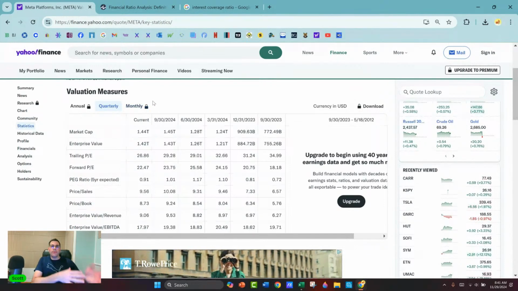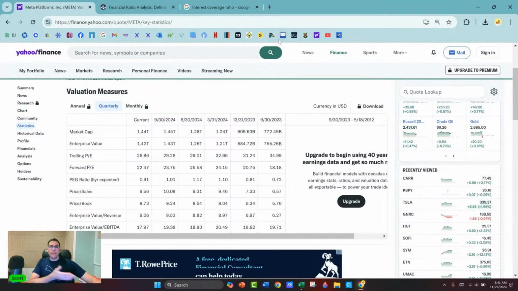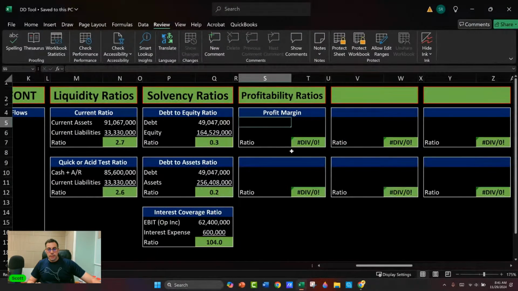But it's a different level to calculate it yourself. It's the same number if you calculate it yourself, but then you understand it better, and then you could dissect it where you would say, well, their price to sales is not so great, but X, Y, and Z. So you can understand a lot better and make a better investing decision.